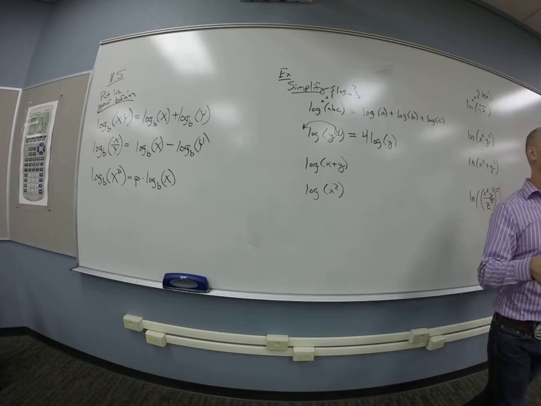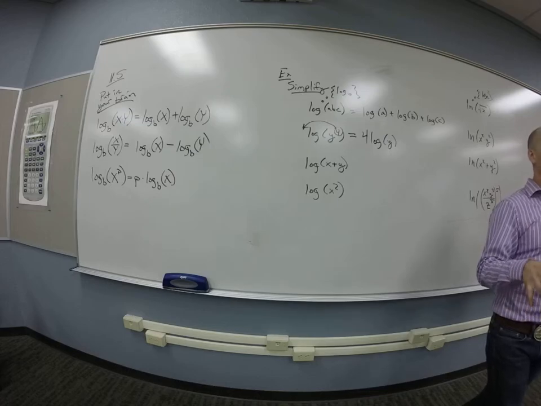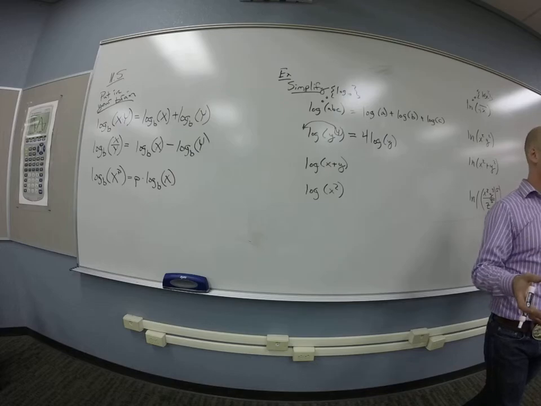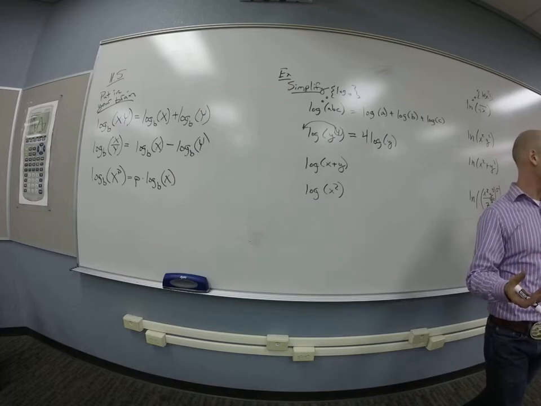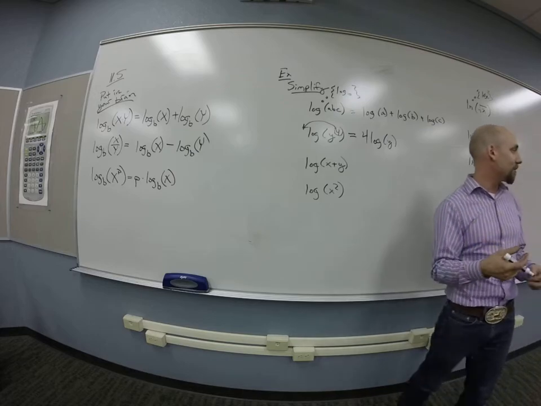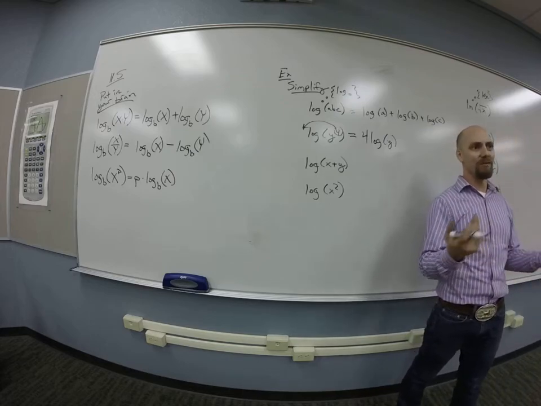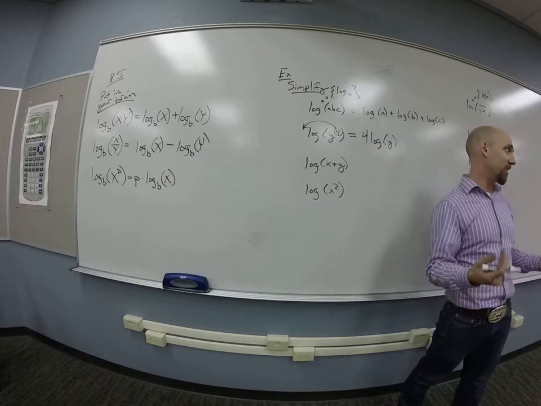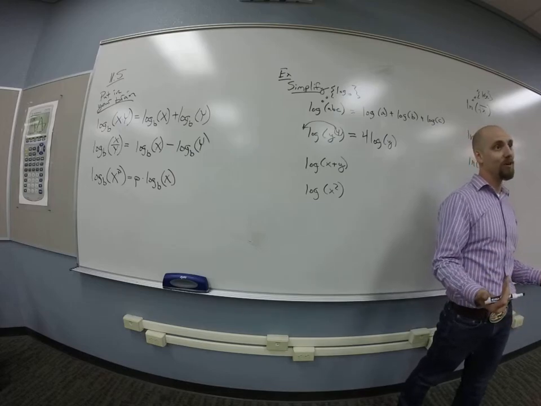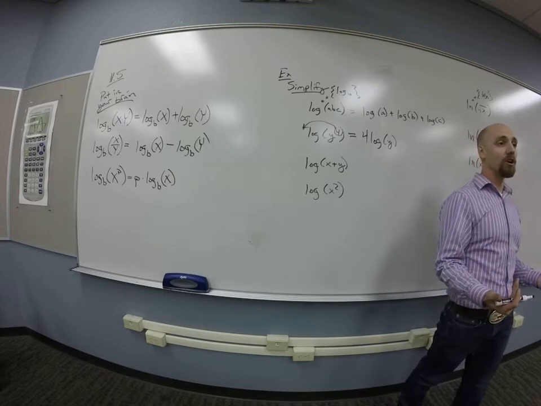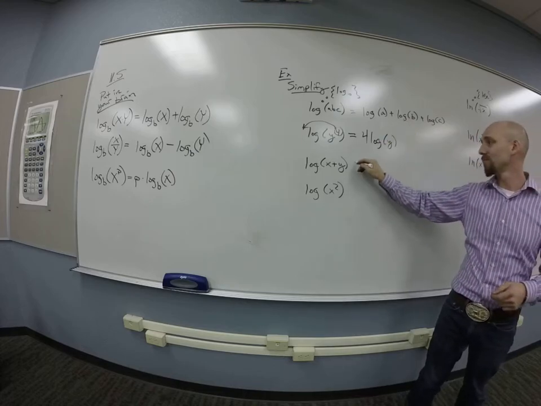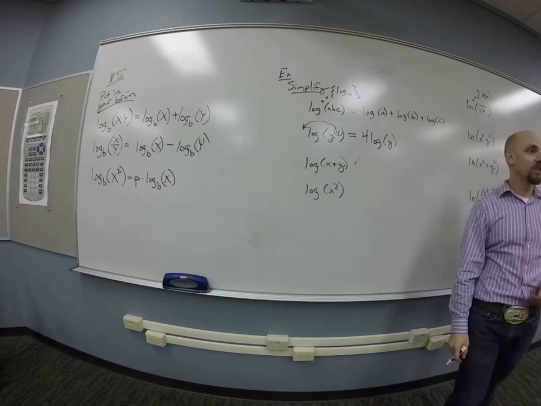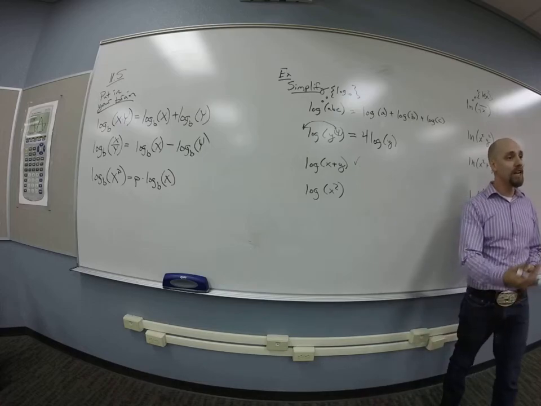Because logs are questions about exponents, and adding exponents is fundamentally different than multiplying exponents, or adding two numbers. If I tried to add b to the n plus b to the m, I don't have a rule for that. It's just b to the n plus b to the m. They don't fit together. Those things aren't like terms. So this guy is just what it is. That's as simple as it's going to get. I can't even change it, right?